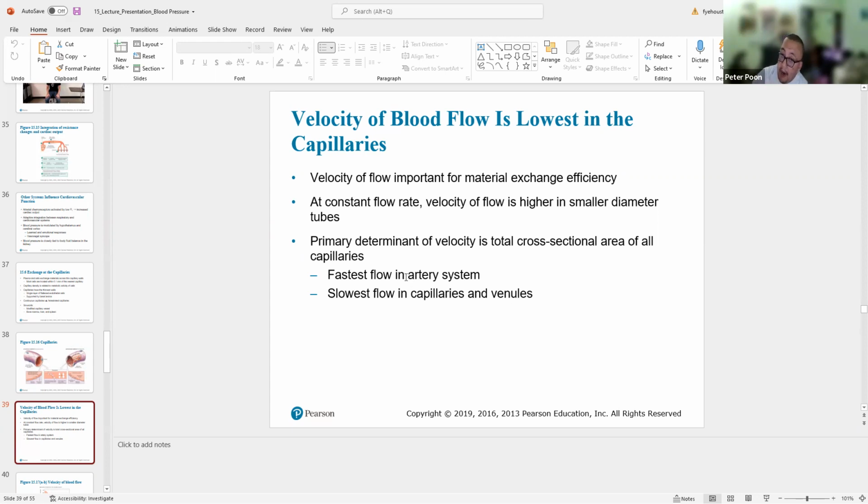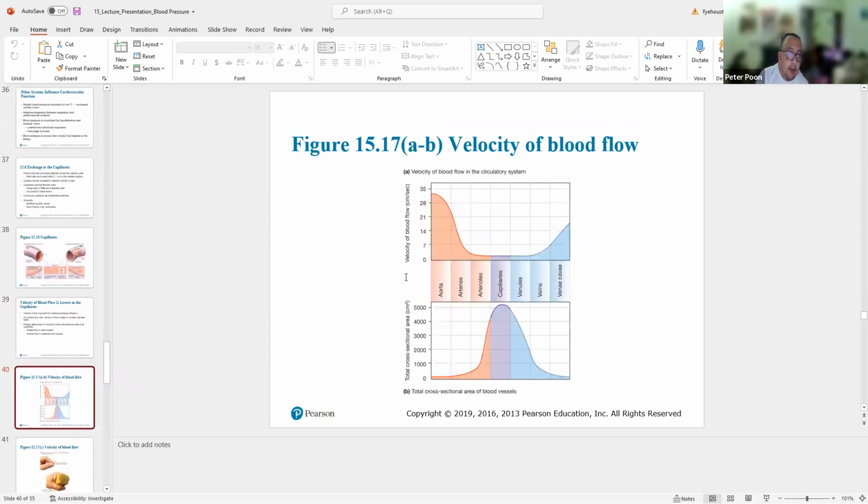There's more surface area in the capillaries than there is in the arteries, because there are so many more of them. So look, here is the velocity of blood. As the cross-sectional area increases, the flow decreases. And so capillaries are where gas exchange happens.